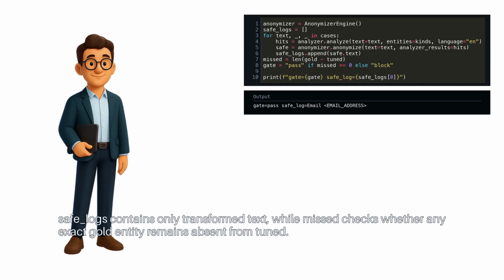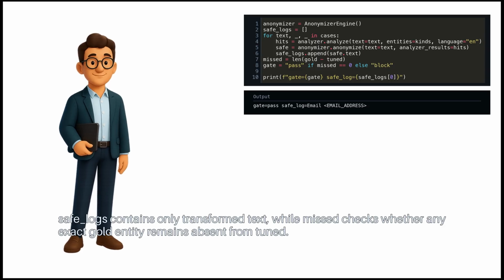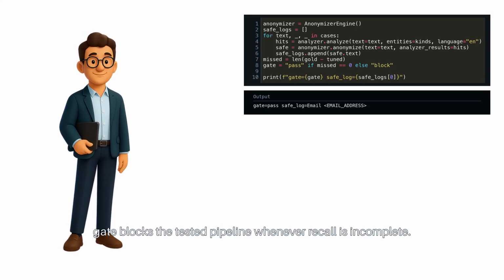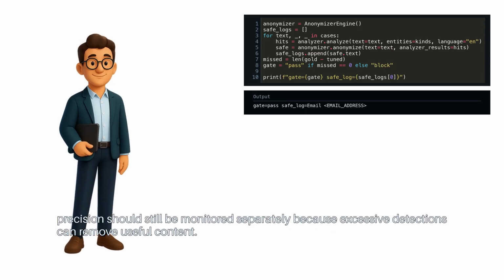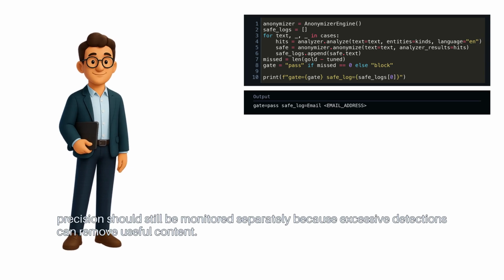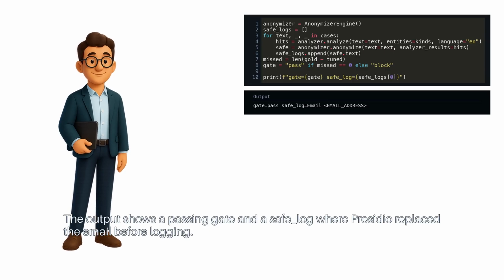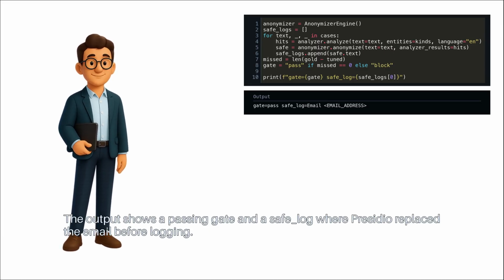Safe logs contains only transformed text, while missed checks whether any exact gold entity remains absent from tuned. Gate blocks the tested pipeline whenever recall is incomplete. Precision should still be monitored separately because excessive detections can remove useful content. The output shows a passing gate and a safe log where Presidio replaced the email before logging.